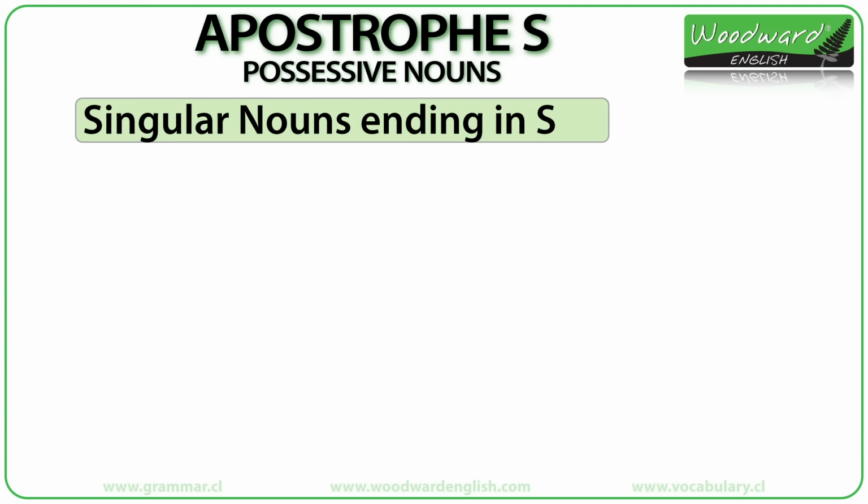The fun part comes when we have singular nouns ending in S. For example, class is a singular noun ending in S. Even though it ends in S, it is still a singular noun, so we add an apostrophe S to the end, like other singular nouns.